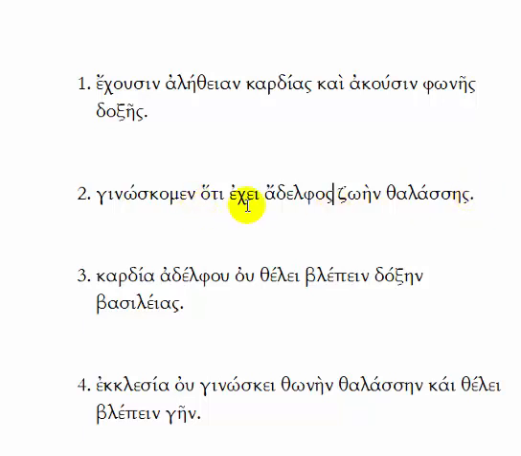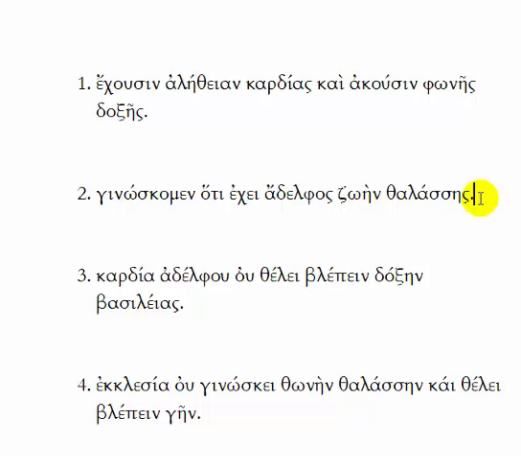All right, so we know that the brother has zoen thalasses, has life or a life, literally "of the sea." Now we would say he's a sailor, something like that. But this is frequently how you would see this expressed in Greek. In this case, the genitive isn't a possession. It's not the sea that owns a life, but the "of" part explains what kind of a life it is.